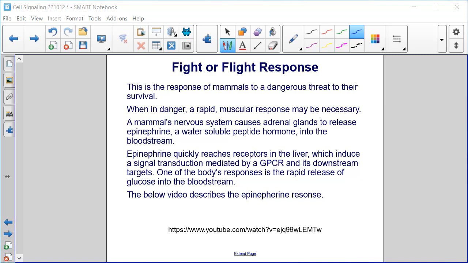Epinephrine quickly reaches receptors in the liver, which induces signal transduction mediated by a GPCR and its downstream targets. One of the body's responses is the rapid release of glucose into the bloodstream. You can click the link on the video below to see a description of the epinephrine response.